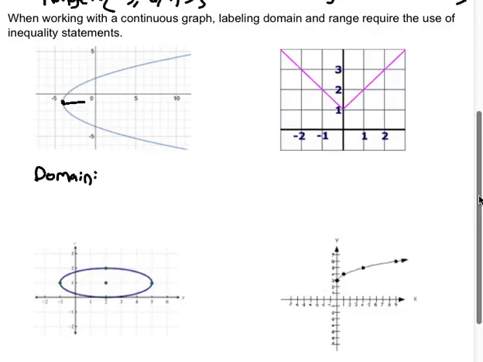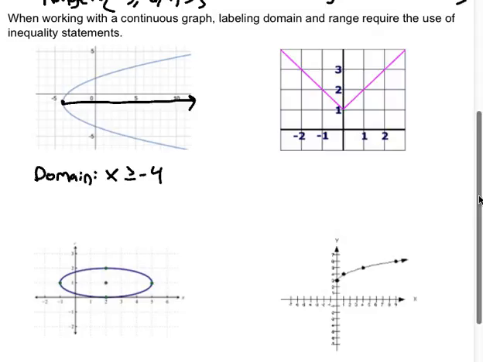Well, my graph is going this way forever, okay? So if I'm looking for what x values are being used, well, what I'm seeing is every x value that is greater than or equal to -4 is being used, right? That started at -4 and now it's just increasing, okay? Every x value greater than or equal to -4 is going to end up being used.